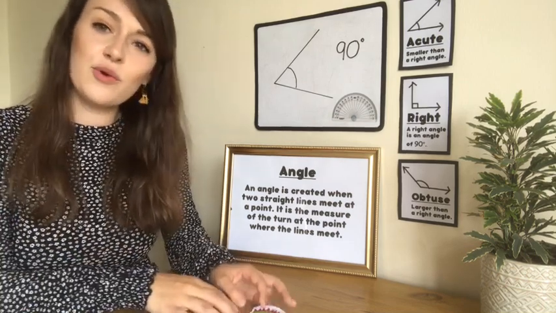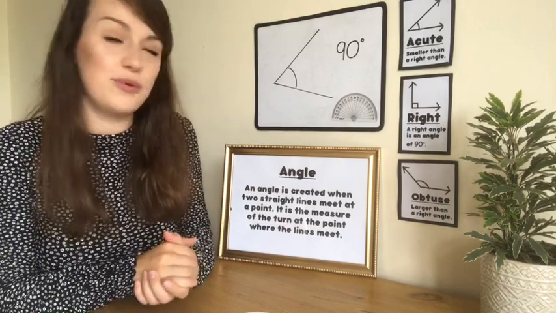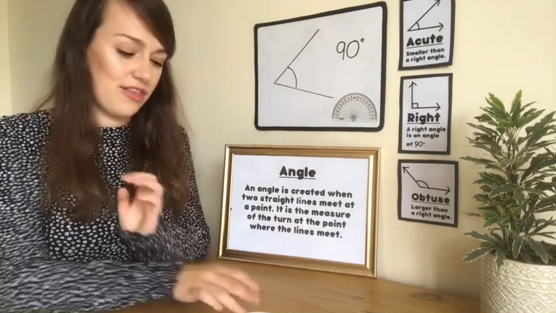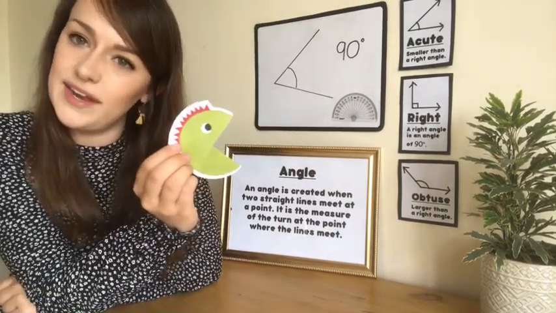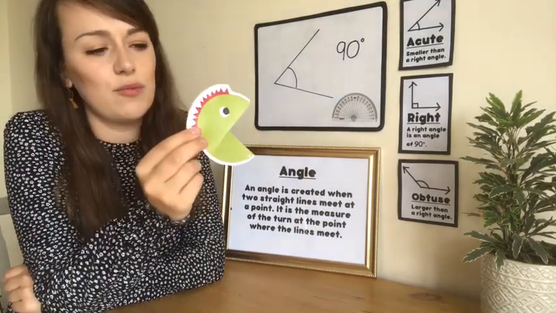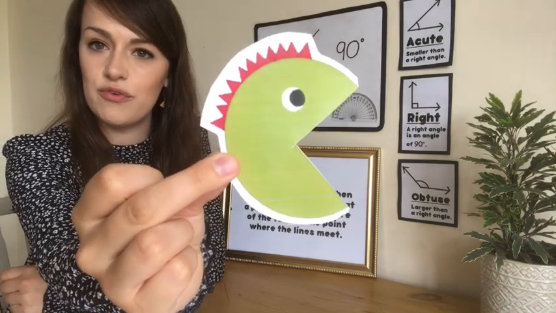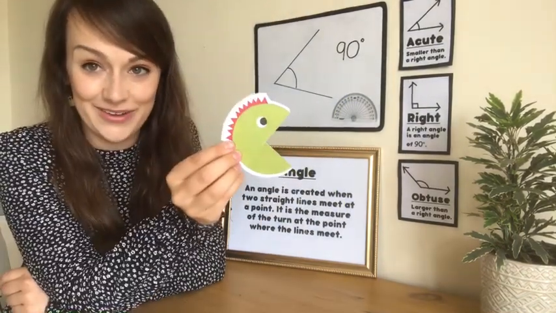Okay, so I've got quite a lot of fun activities you can do at home to help you learn more about angles. The first one involves a little monster. So this is an angle monster, and this angle monster has a mouth that is the size of a right angle, okay?